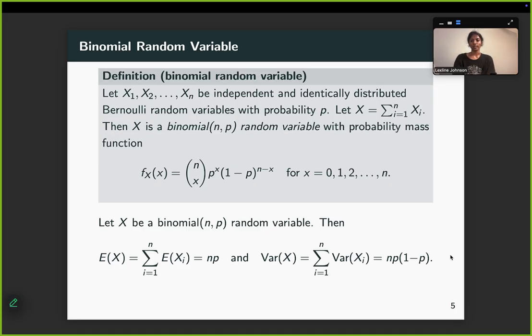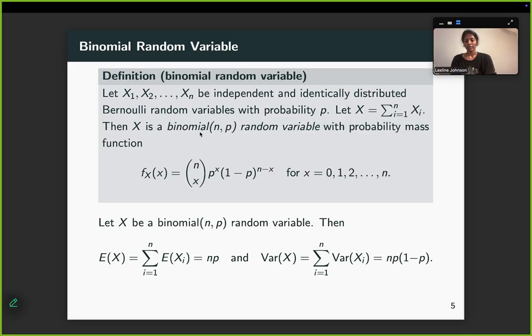So let X1, X2, all the way to Xn be independent and identically distributed Bernoulli random variables with probability p, and let X equal the sum of Xi from i equals 1 to n. Then X is a binomial random variable, so essentially X is a summation of all of the trials, all of the Bernoulli random variables.